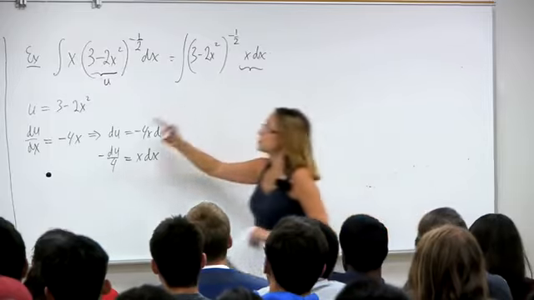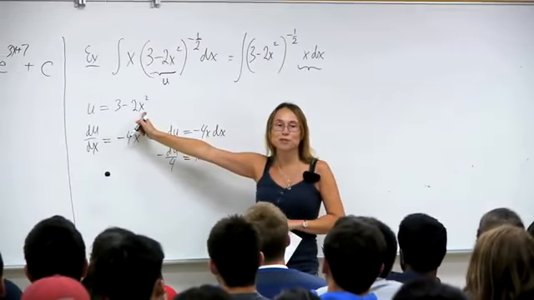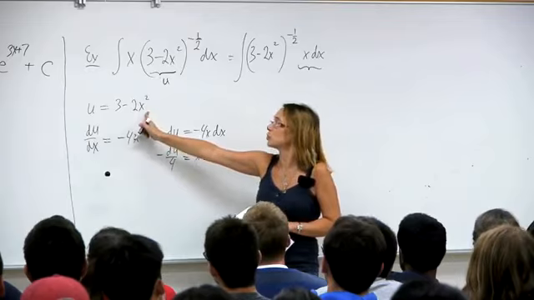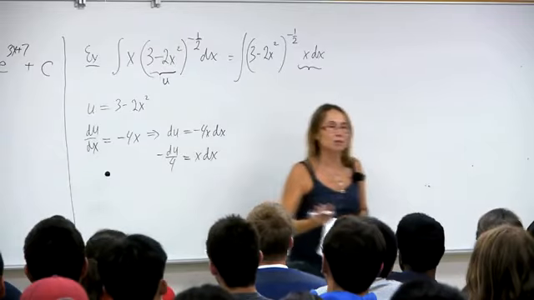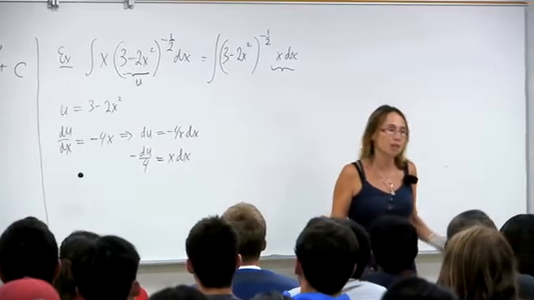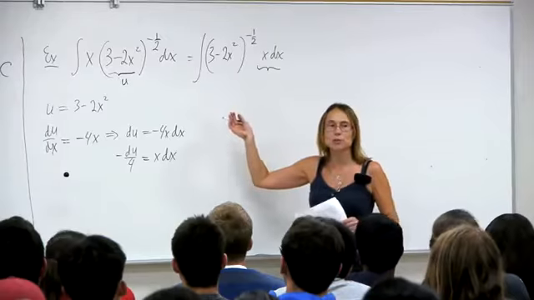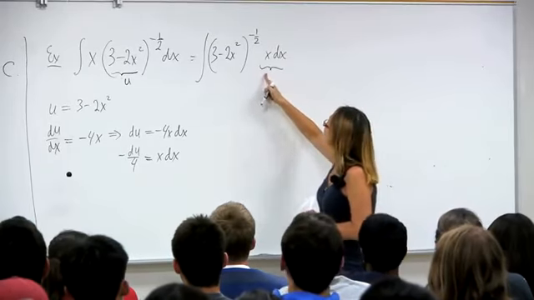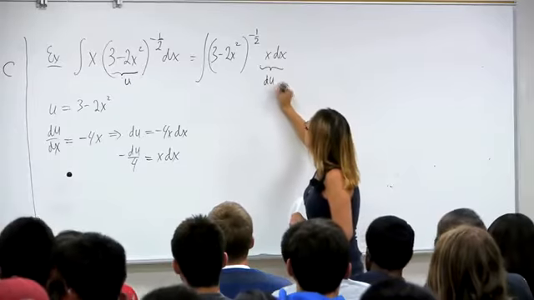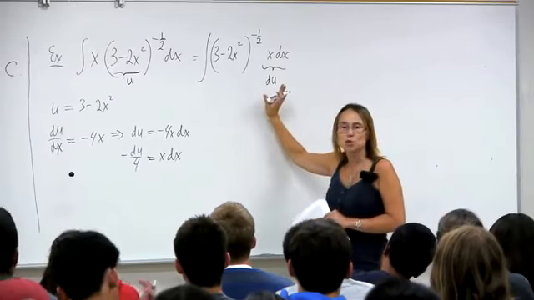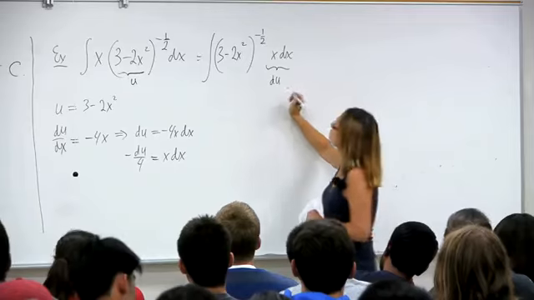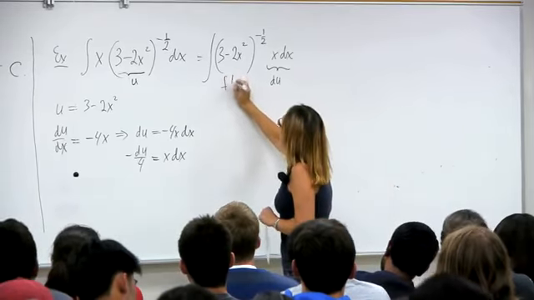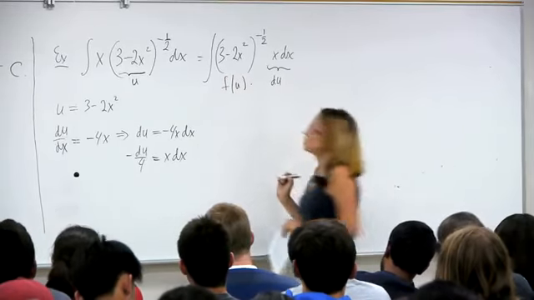The function x is a signature of the derivative of a quadratic function. If you have a quadratic function x squared, its derivative is going to be proportional to x. It's going to be some number times x, and numbers don't matter when you integrate. So here, this includes something like du times a constant. Okay, and that's what I want. This is f of u du.